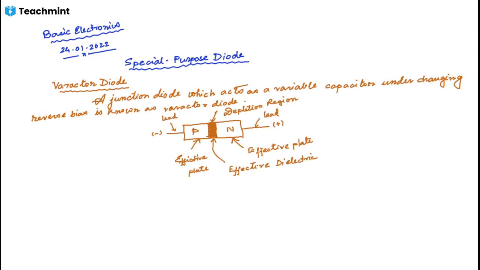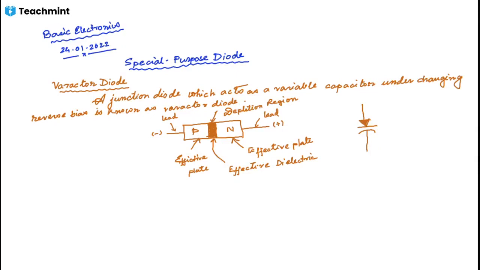And the symbol of this varactor diode is like this. So these are the symbol and schematic of a varactor diode.